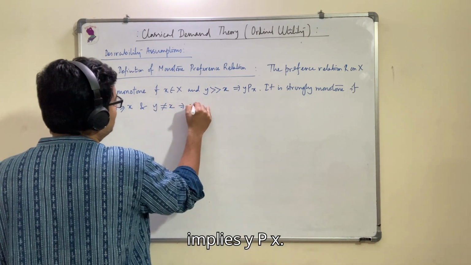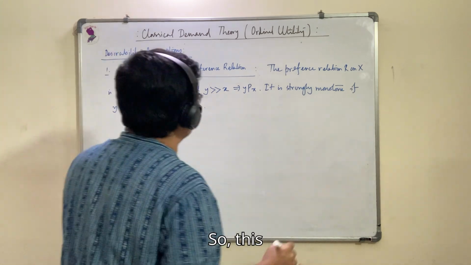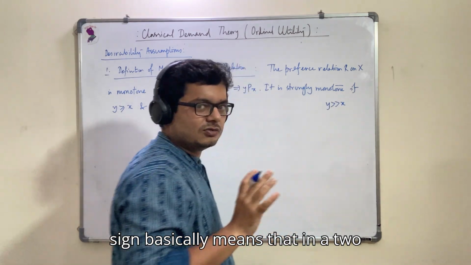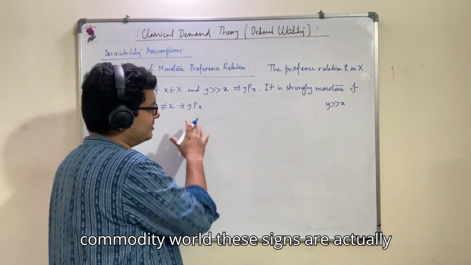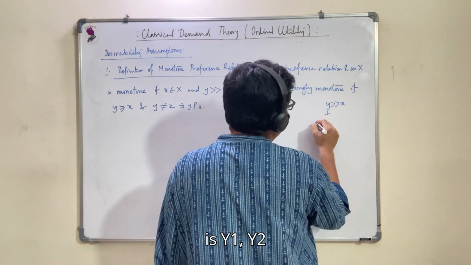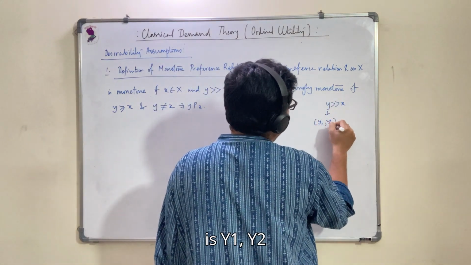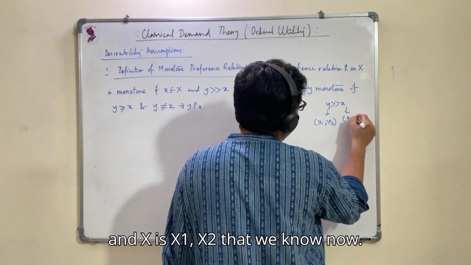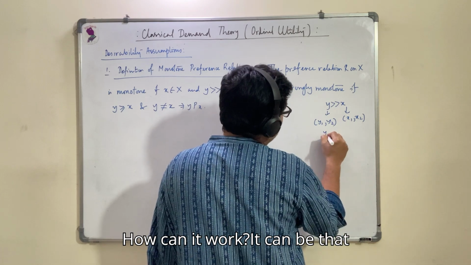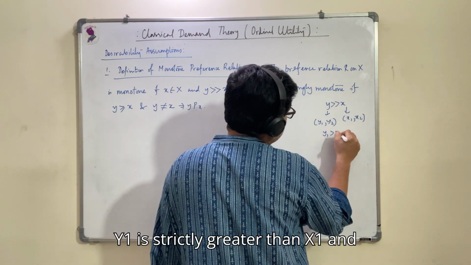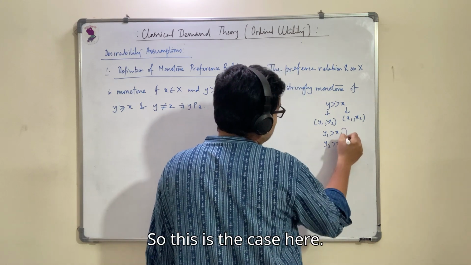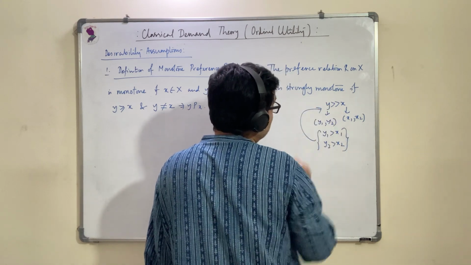implies y P x. So these signs are in general given. Anyways, in a two commodity world, y is (y1, y2) and x is (x1, x2), that we know. Now, how can it work? It can be that y1 is strictly greater than x1 and y2 is strictly greater than x2. So this is the case here.